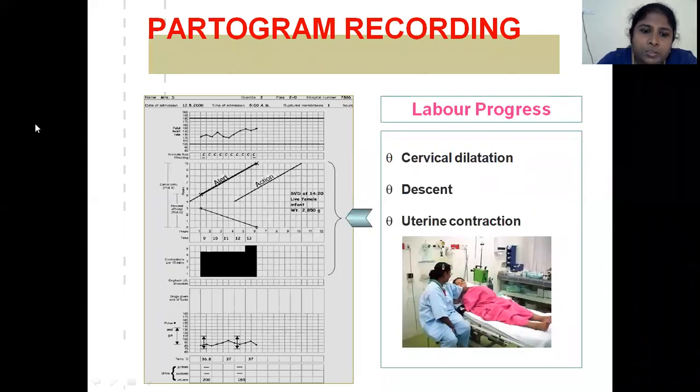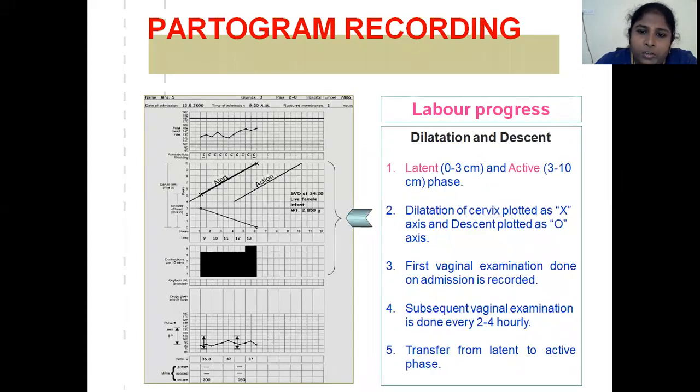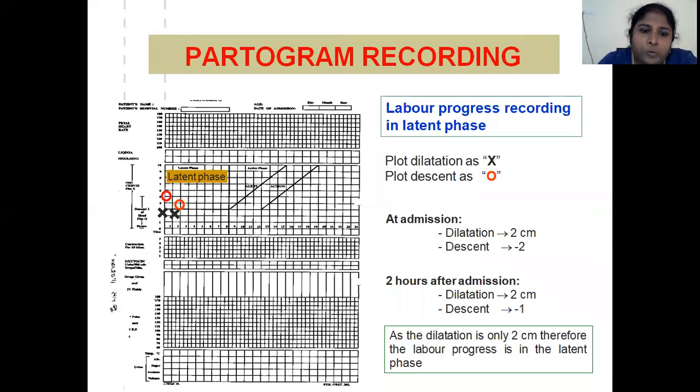Labor progress is here. Cervical dilatation and descent are monitored, and uterine contractions are also monitored. Dilatation of the cervix is plotted as X, descent as O. So here, dilatation at admission is 2.